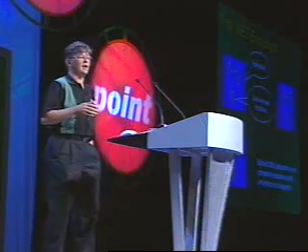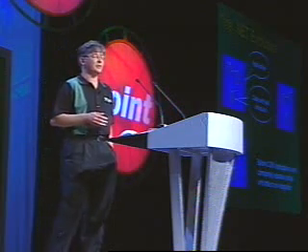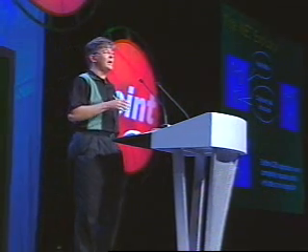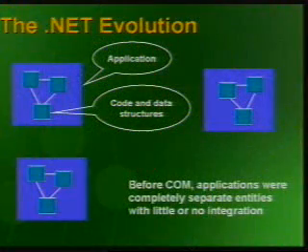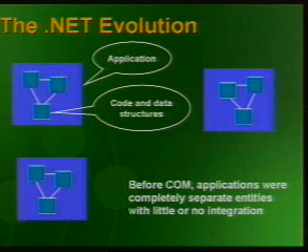Before I go into the technical details of the runtime, let me try and give you an idea of the evolution that has led us to this solution. What you see here on the slide, you can think of as representing one machine or one tier in a .NET application. Each box represents an application, and in the application you have code and data structures.